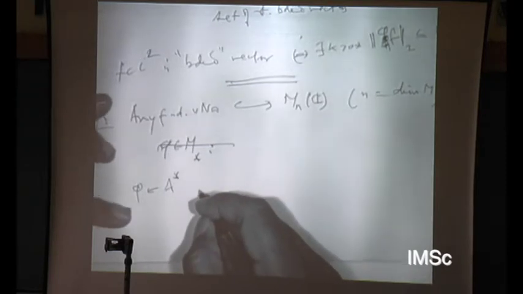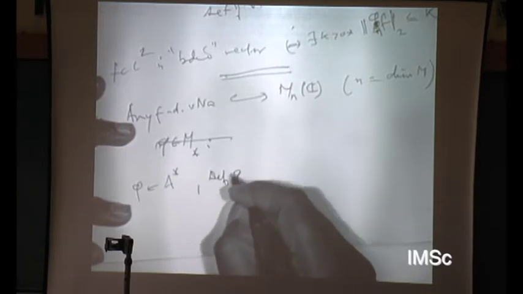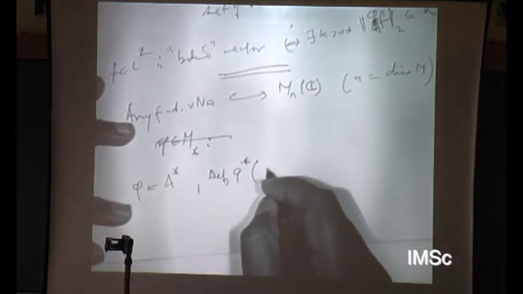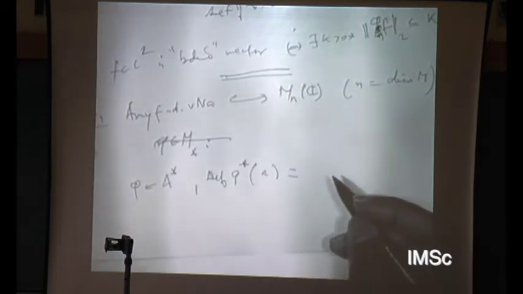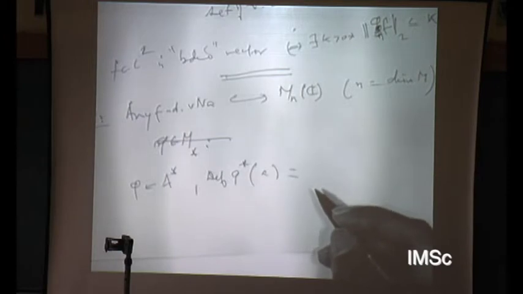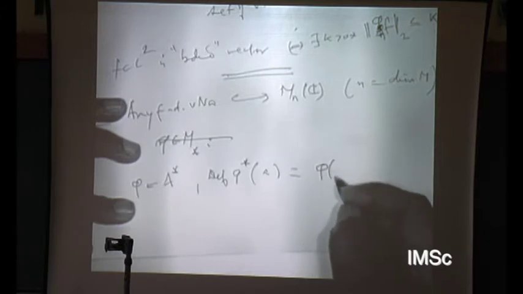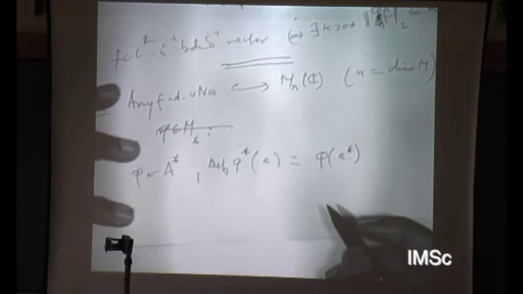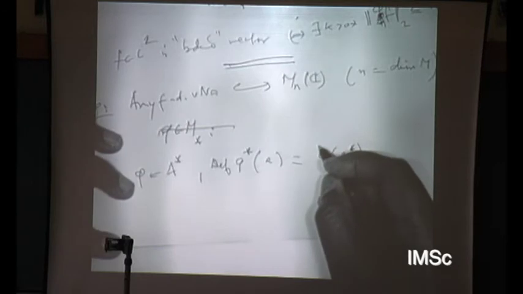Take any bounded linear functional on a C-star algebra. Then I want to define phi star to be, what do you think I should define it as? Is that linear? We have A star, the whole thing bar.